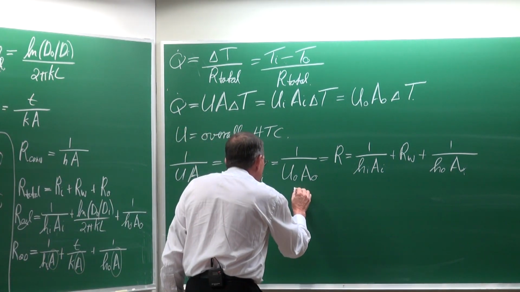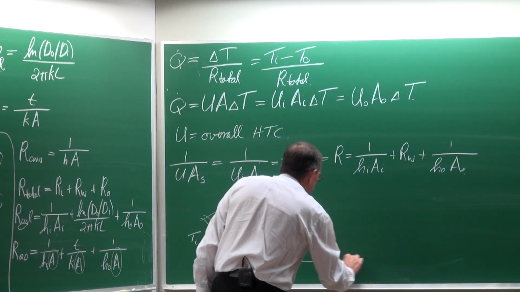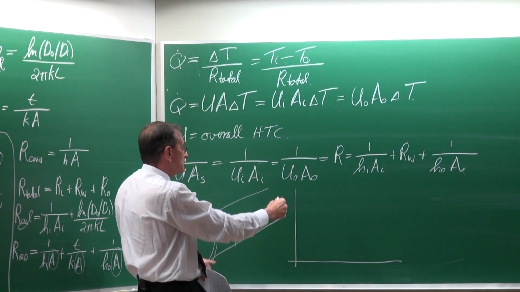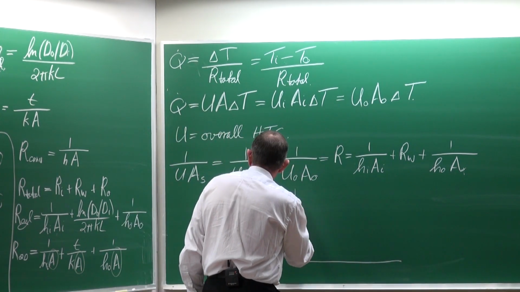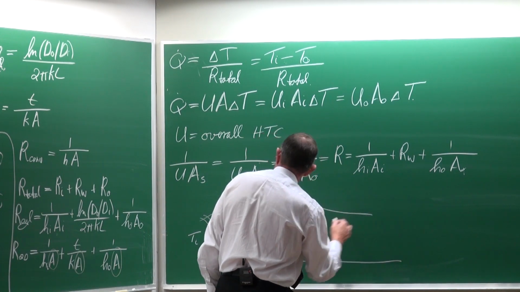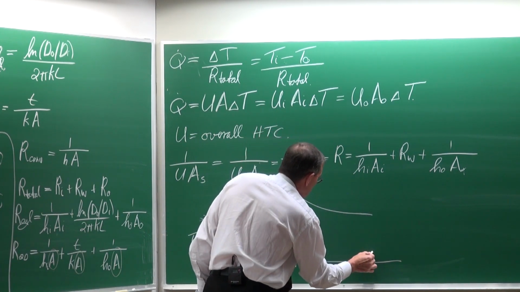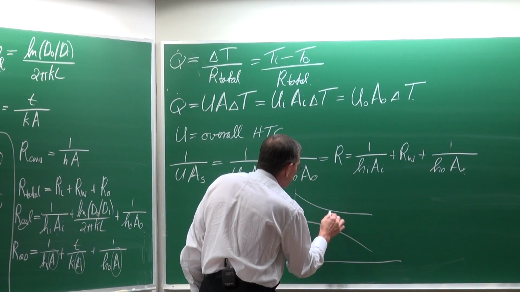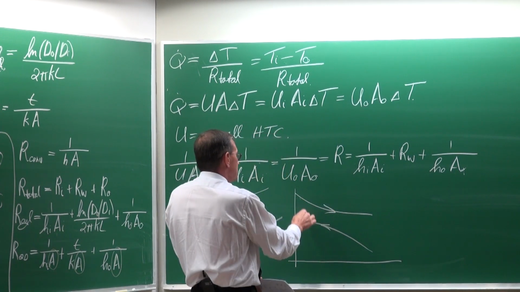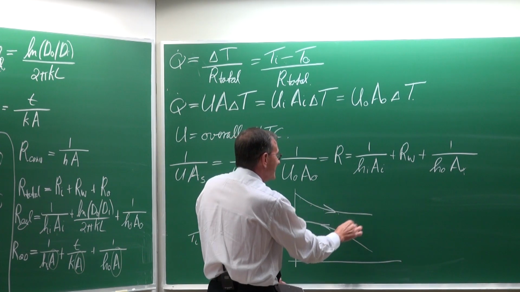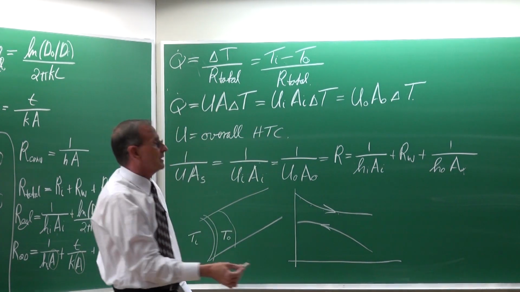I hope you remember that when you look at this total heat transfer area, the temperature on the inside stream is going to do that, and the temperature on the outside is going to do that. So in practice, the problem was, what delta T do we use?